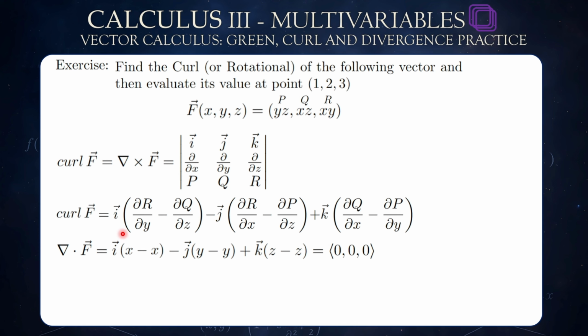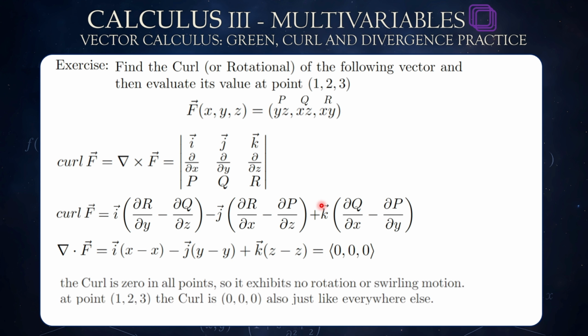Nabla cross F equals i (x minus x) minus j (y minus y) plus k (z minus z) equal 0. So the curl is 0, there is no rotation. At point 1, 2, 3, the same thing, the curl is still 0, just like everywhere else.